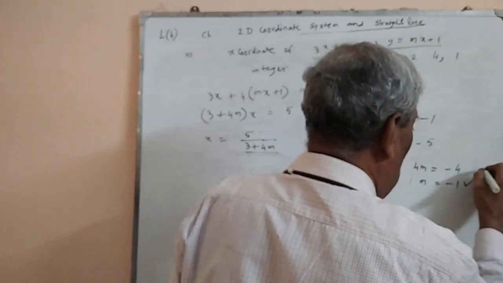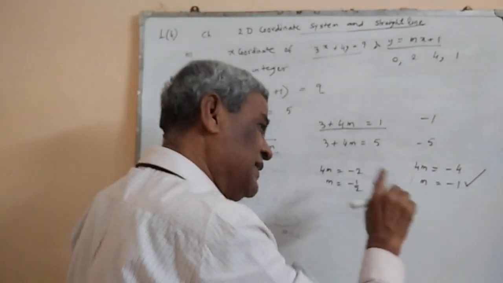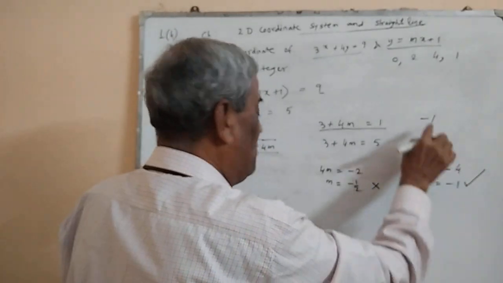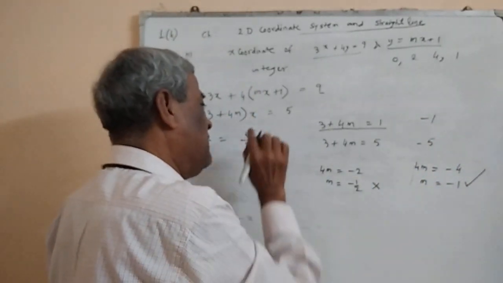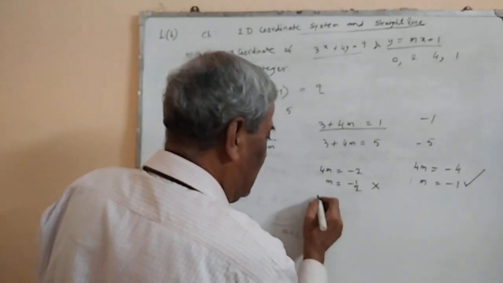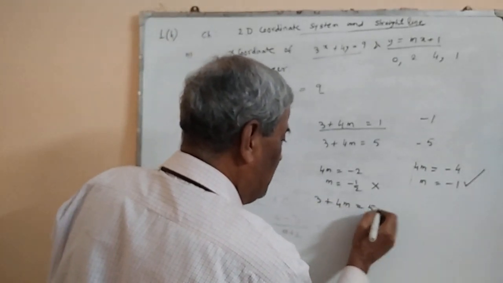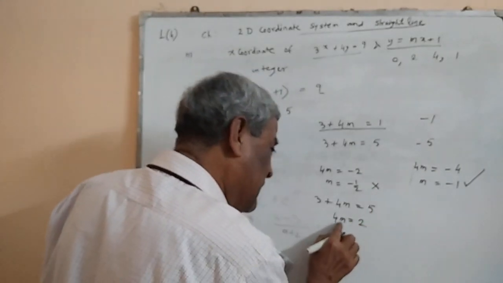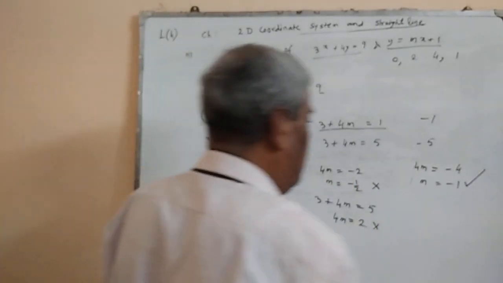Then we get one answer. If m is minus 1, it is an integer, then x is also an integer, because if it is minus 1, then it is minus 5. So it is possible. Third one, 3 plus 4m is equal to 5, and 4m is equal to 2. So m is half, not an integer. So this is also not possible.